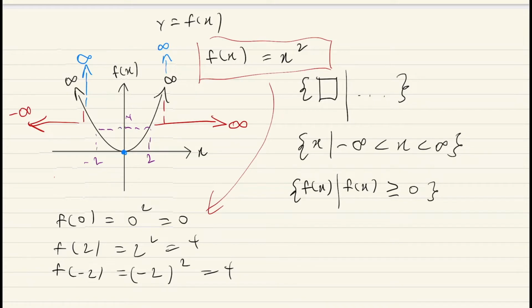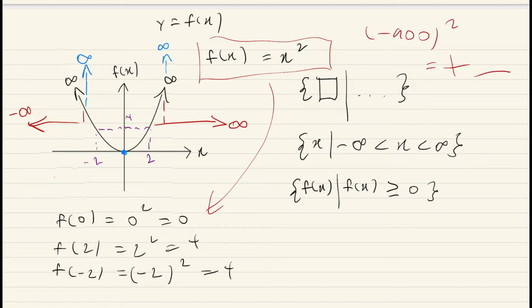So you see that no matter what value of x you put, the y is going to return a non-negative value, because anything you square would be a positive value. So even if you go negative 900 squared, it will still be a positive value.